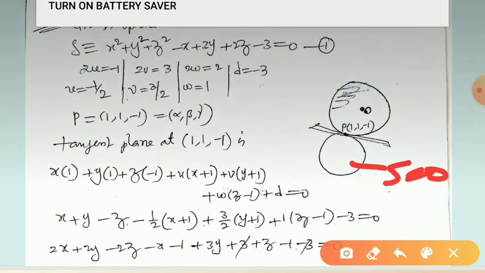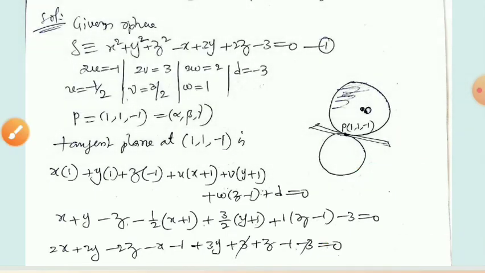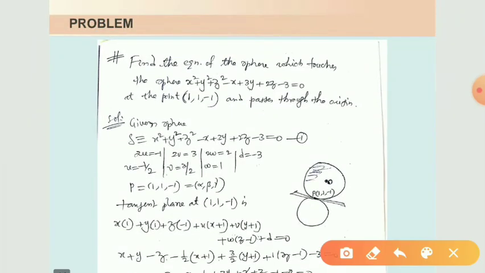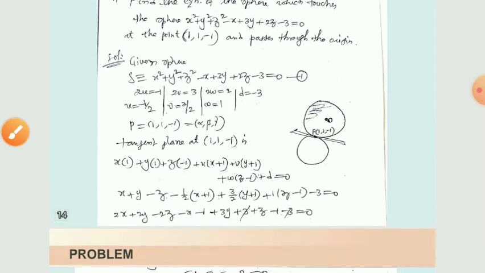We have to find the equation of the sphere which touches the sphere at the point 1, 1, minus 1 and passes through the origin. So, applying this condition, we will solve this problem.